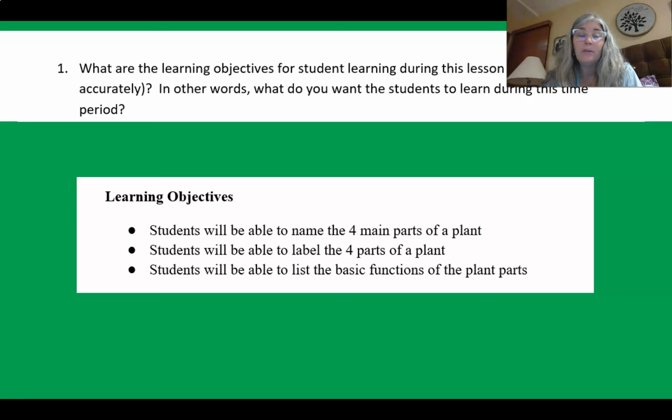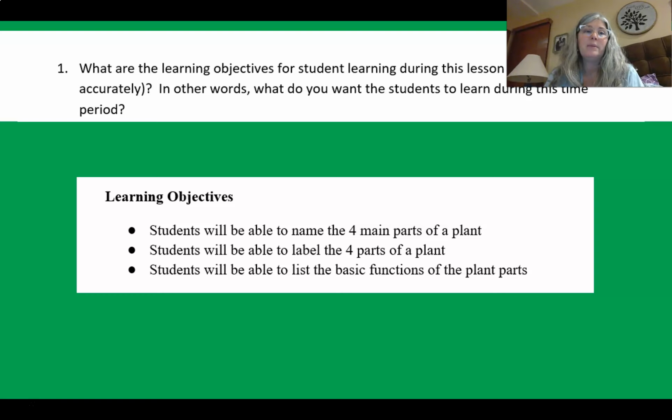I won't be reading the sample answer verbatim, but this is just to give you an idea of what your answer might look like, the amount, and so on. So for number 1, since the lesson you'll be teaching is between 10 and 15 minutes, I would only expect there to be somewhere between 2 and 4 learning objectives. And again, they need to be written correctly.